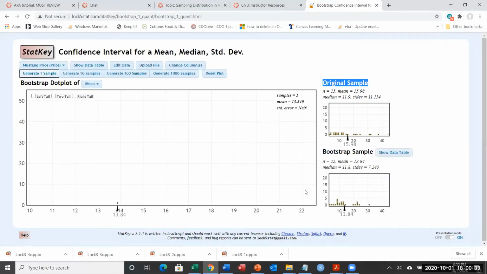So here I got a bootstrap sample of size 25 from this sample. Notice the mean of the original sample is 15.98, but the mean of this bootstrap sample is 13.84, because this sample does not have all the same values as the original. If I selected 11.9 from the original sample, after selecting that I put it back into the same sample, and now it has an equal chance as any other value to be selected again.